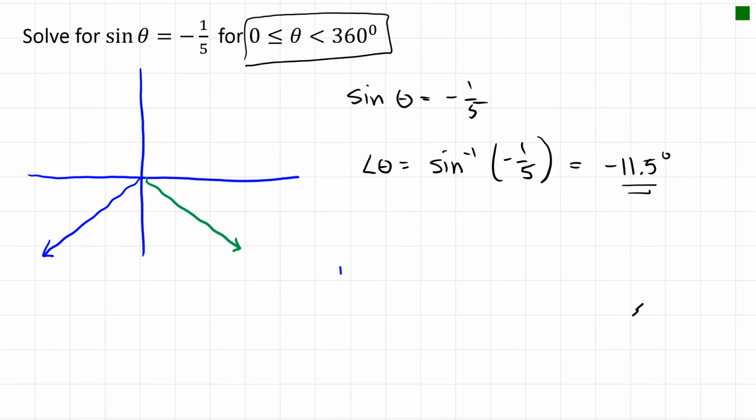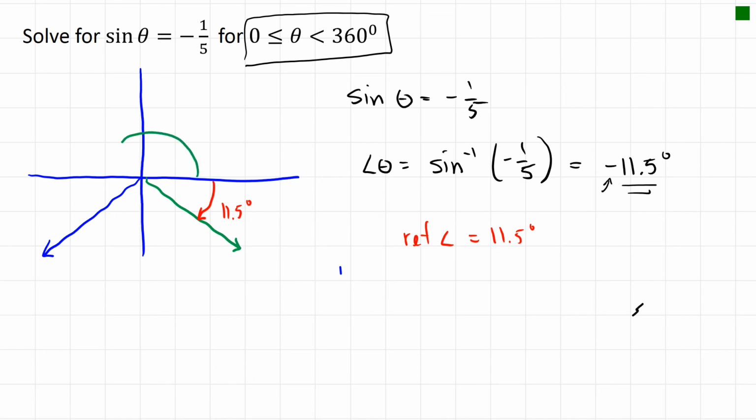So this is just our first clue on how to answer the question. It's not the actual answer. The negative indicates that it's a counterclockwise direction, so that means it's referring to this answer right here, and that's 11.5 degrees. So the reference angle is 11.5 degrees. We need to measure all the angles going counterclockwise starting at the x-axis.